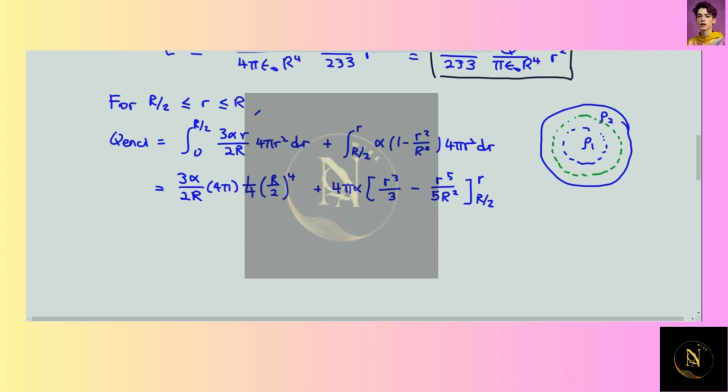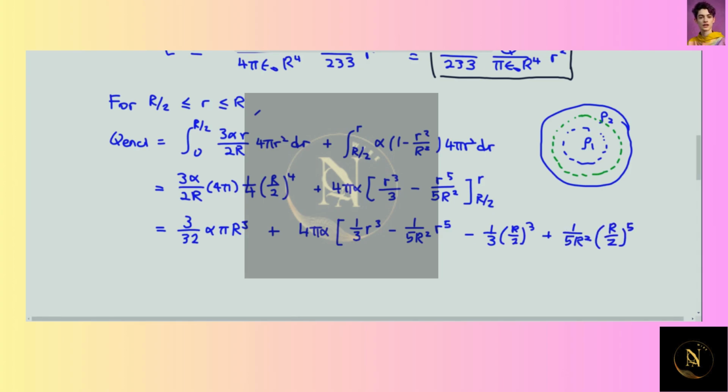So the first term you get 3 over 32 alpha pi R cubed plus 4 pi alpha times 1/3 r cubed minus 1 over 5 R square r to the 5, minus 1/3 R over 2 cubed plus 1 over 5 R square R over 2 to the 5.